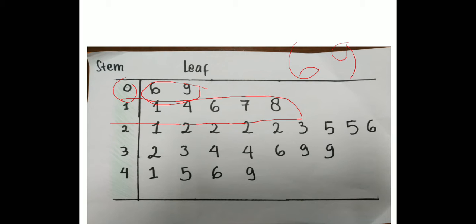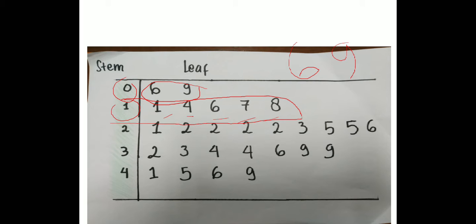So we put 1 in a column stem because this is the first digit of them, and then the other digits that are 1, 4, 6, 7, and 8 as the leaf.